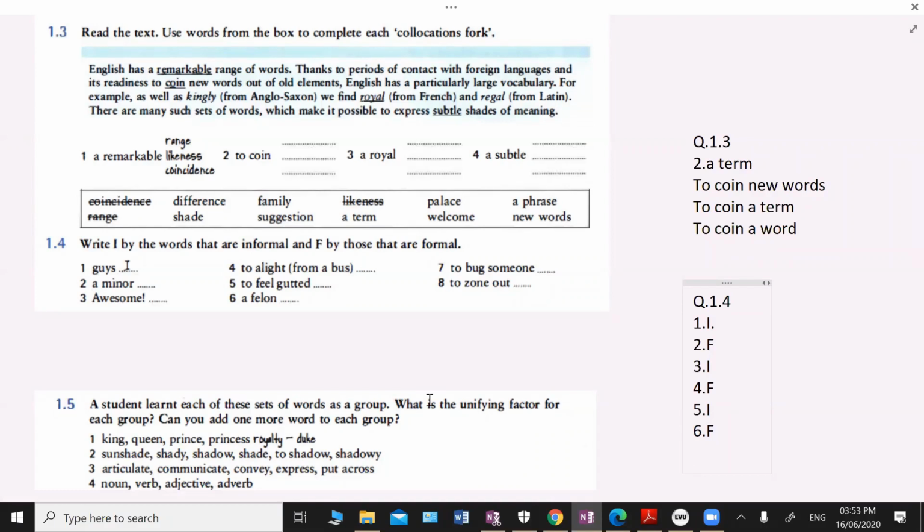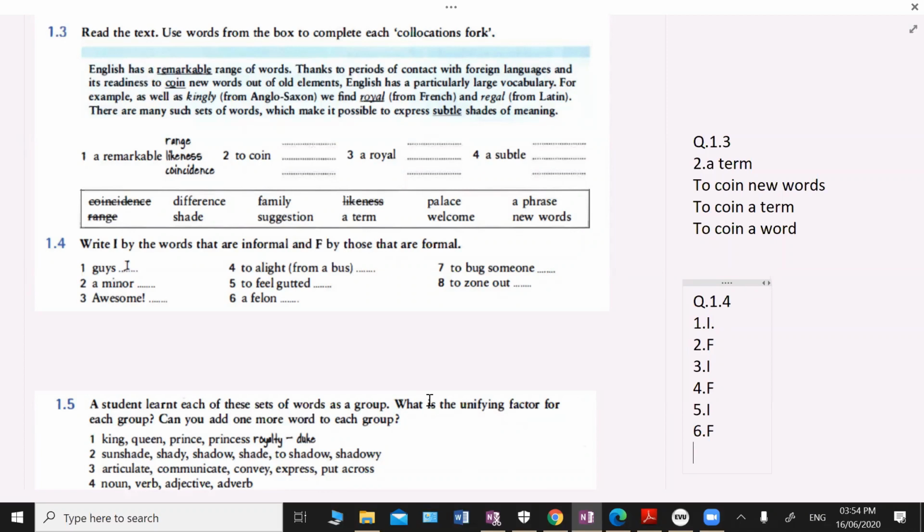Or as we practiced, as I said, you should maintain your writing journal. You should write down the words which are formal and the words which are informal. The words which we use on social media, on WhatsApp and Facebook and Twitter, mostly we don't bother about their standard, you know.